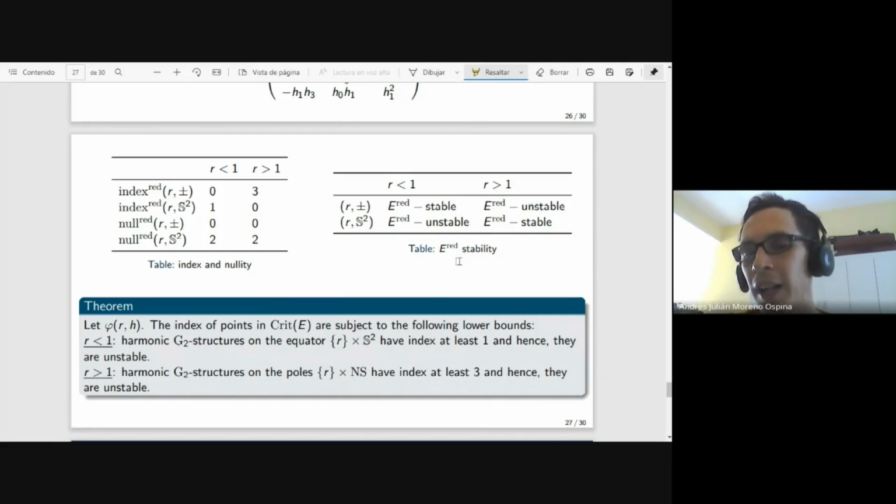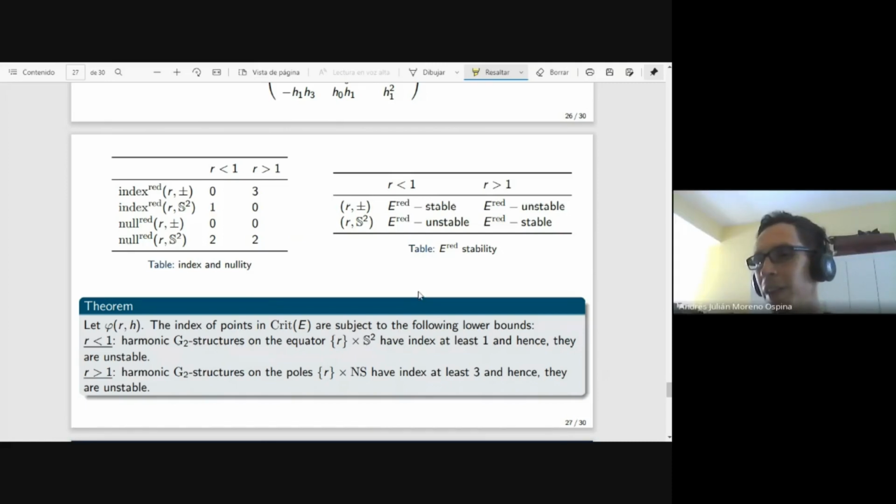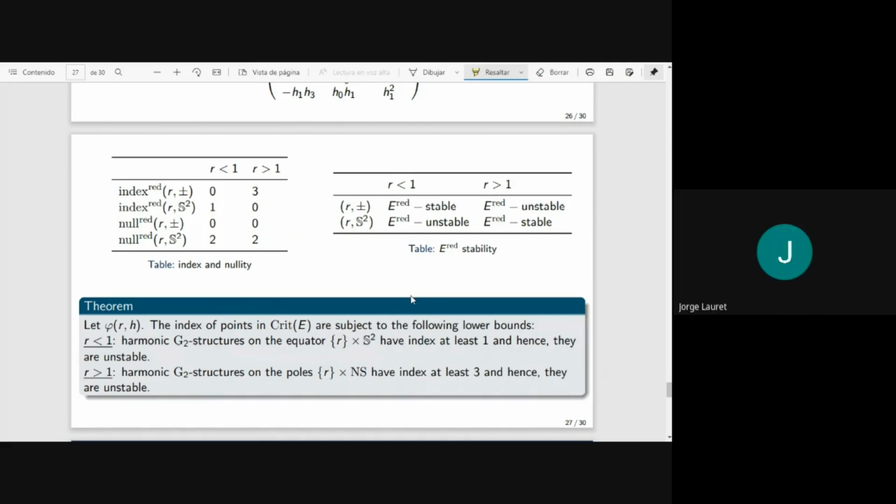But you obtain local minima under invariant variation, just invariant variation, right? Are these global minima or global maxima? No, I don't know if they are. Okay. And what about the questions you mentioned?